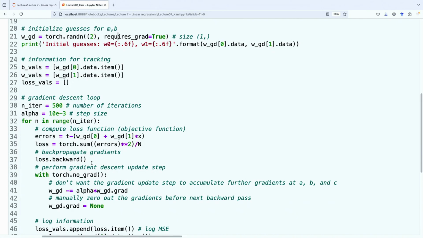And then I simply asked PyTorch to backpropagate and calculate the gradients. And then when I wanted to find new values for m and b, I just said w is equal to w minus alpha times the gradient.